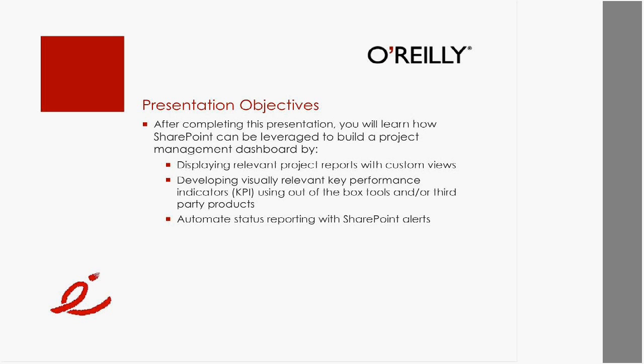These would be things like red, amber, green, right? Or status information on how successful a specific aspect of a project is. We'll look at how we can do that with out-of-the-box tools and or third-party products. And lastly, we'll talk about how we can automate status reporting with SharePoint alerts or notifications to key stakeholders, for example.